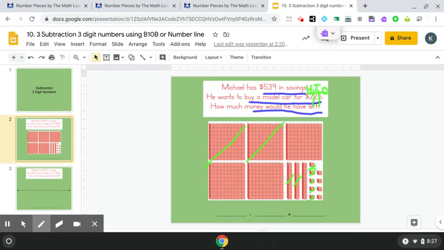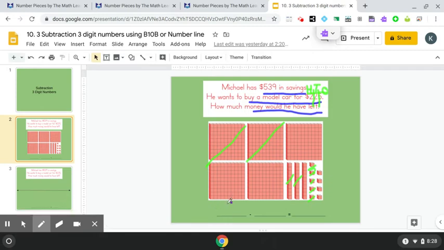And we can see with our base 10 model that we have 100, 200, 300, 310, 311, 312, 313, 314. So we have $314 left.